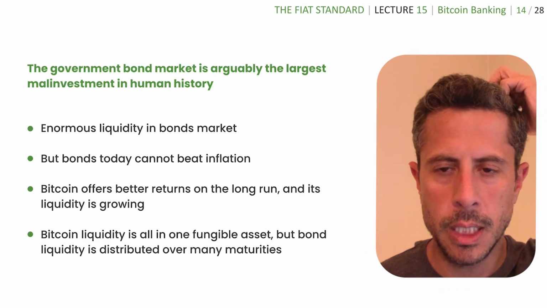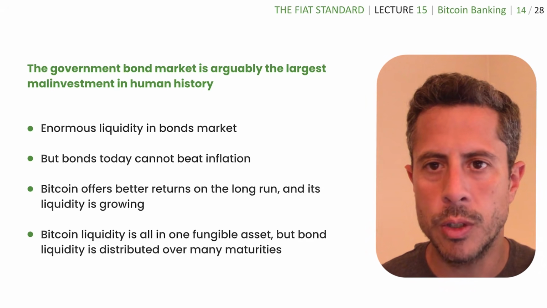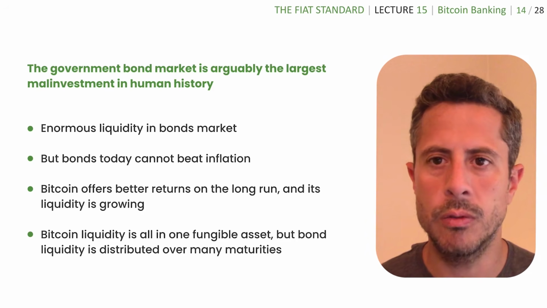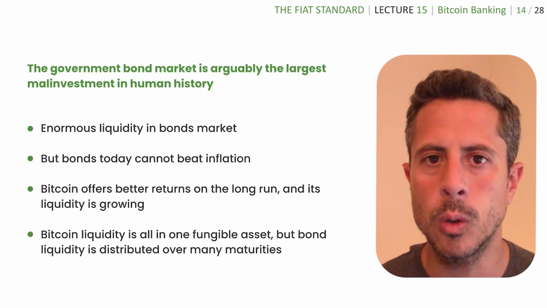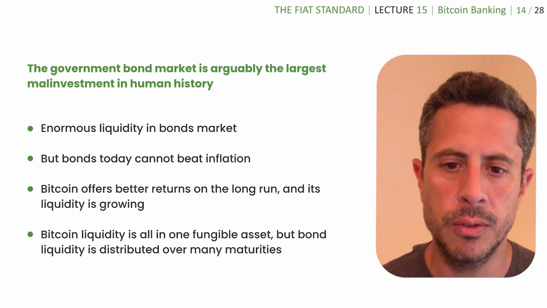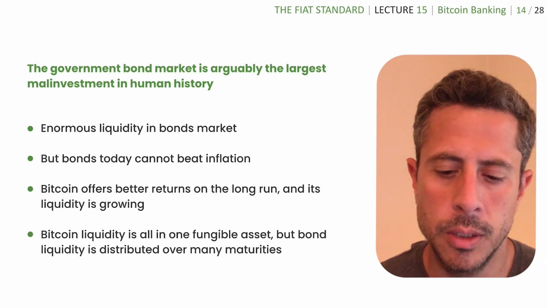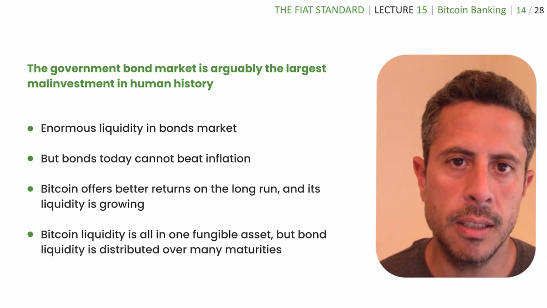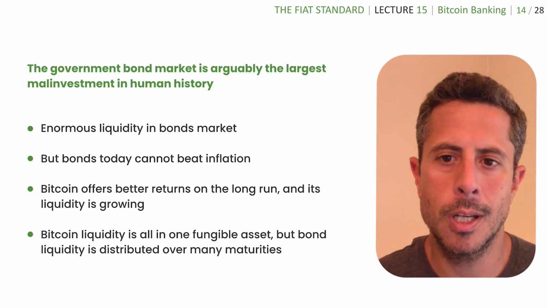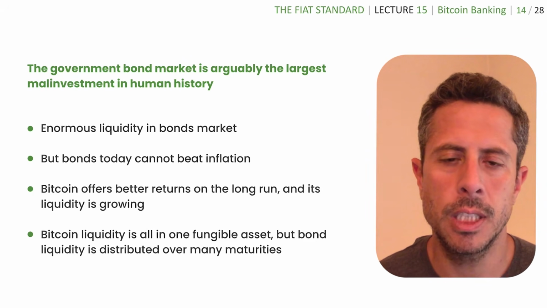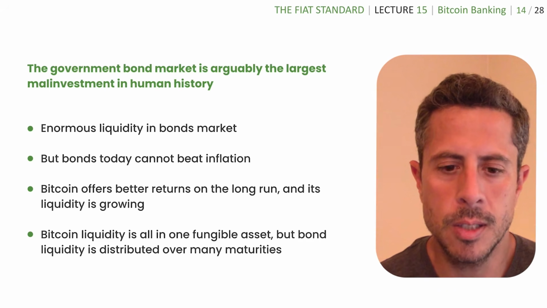A 1-year treasury is different from a 10-year treasury, is different from a 2-year German bond, is different from a 5-year Coca-Cola bond. All of these are different kinds of bonds, and they're not fungible, and they all have their own markets.